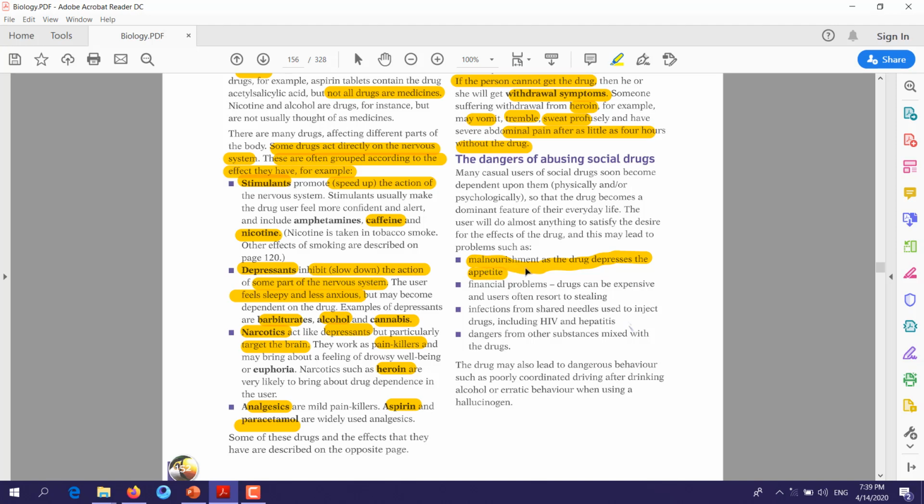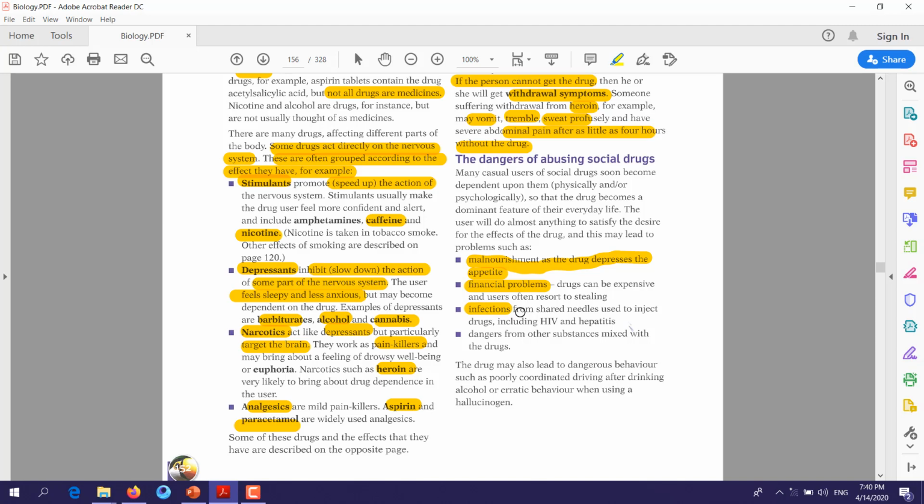Malnourishment means someone is not getting enough nutrients. So he will not be able to eat food anymore. Then financial problems. Some drugs are expensive, so if someone gets addicted to it, this will cause financial problems for him. Then infections.